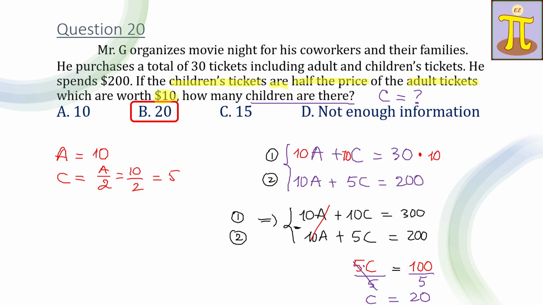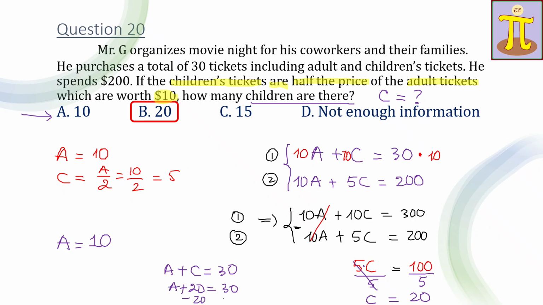You see, this one is the trap right here. If you're solving for the others' tickets, it will be 10, because A plus C is 30 total, right? You have C is 20. So you solve for A by subtracting 20 from both sides.